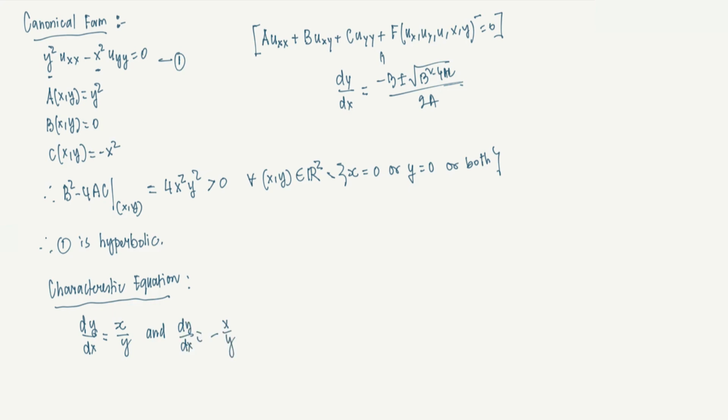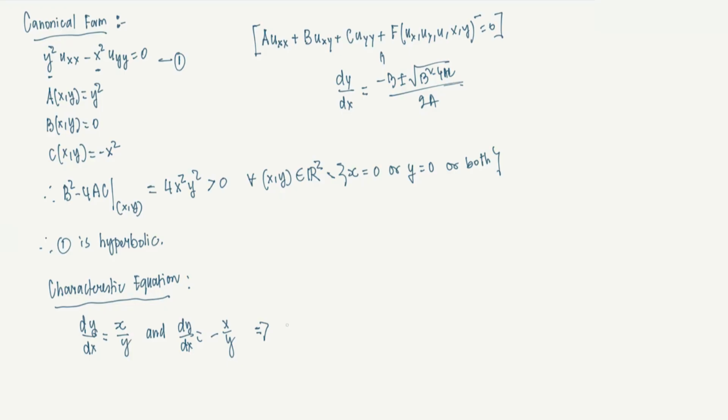Here b is 0, so it is essentially plus minus root of 4 times x square y square, divided by 2 times y square. So you see, it is x by y and minus x by y. That implies the characteristic curves will be given like this.